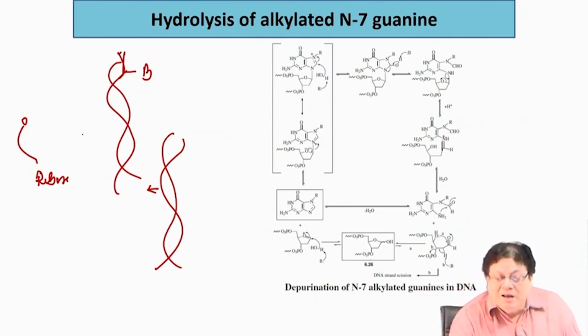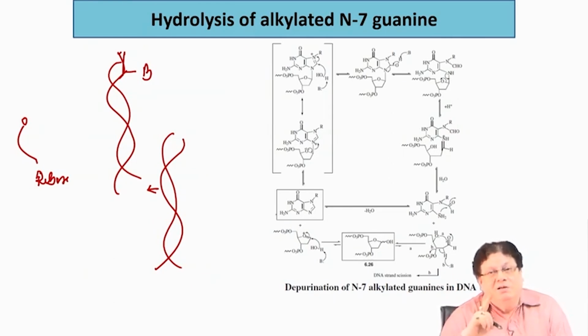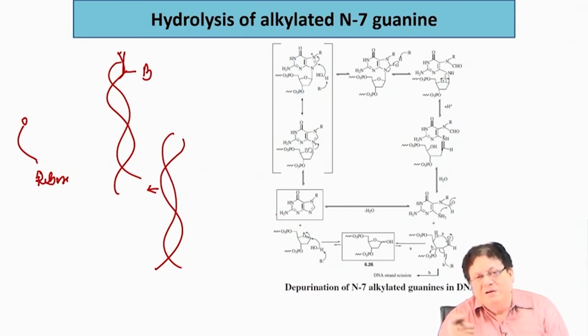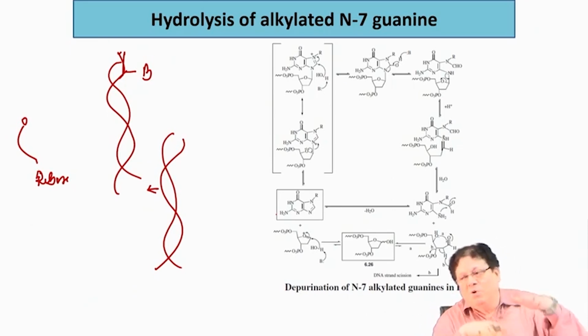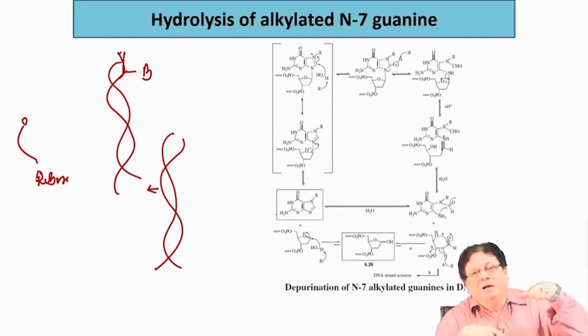How does it leave? It is basically, you know, the Maxam-Gilbert sequencing method, that exactly what happens there, that you have an alkylating agent dimethyl sulfate followed by hydrolysis. So, that takes care of first the base goes out, and then the phosphodiester bond breaks. But that breakage, if you remember, is carried out by piperidine.